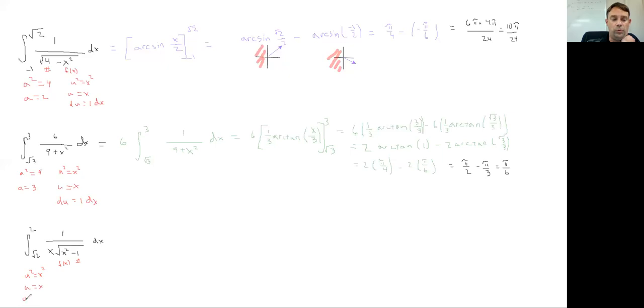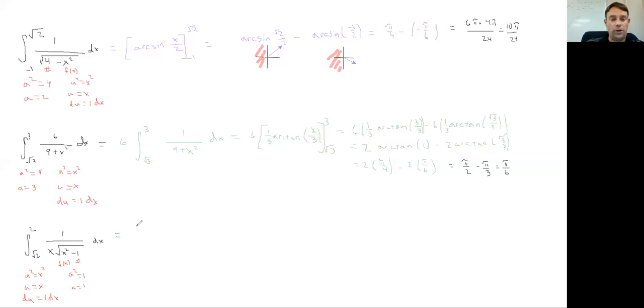And du is 1 dx. A squared is 1. So that means a is 1. I have all the pieces I need. I don't have to go terribly far with this one. I can go right to integrating it. Don't even have to pull anything out like we did last time.